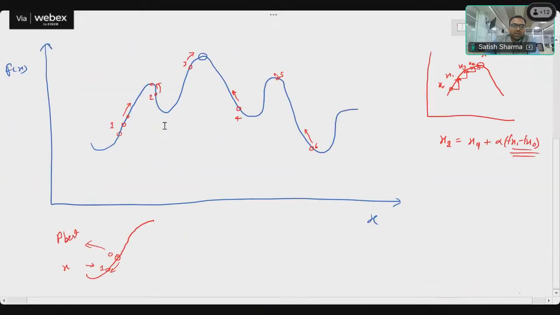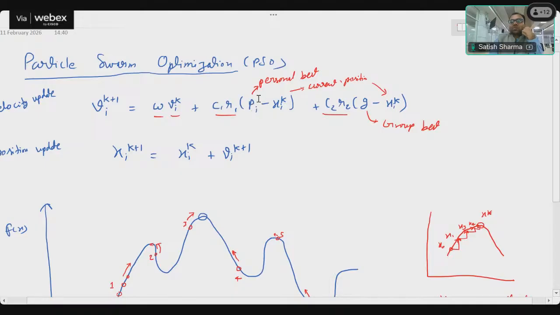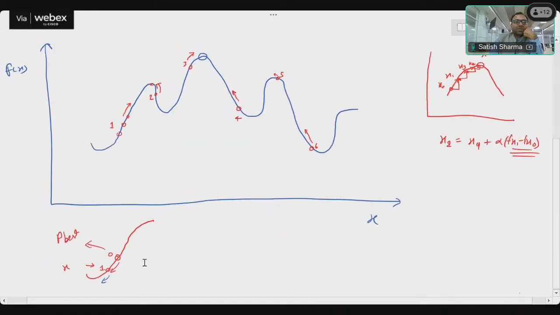That inertia will try to push this point, which is at the current position, in the opposite direction, because the initial velocity was on the downward side. But the second term is personal best minus current position. So if the personal best is 0, then 0 minus the current position will move it in this particular direction, depending on whether the initial velocity still dominates compared to the distance between the personal best and the current position.